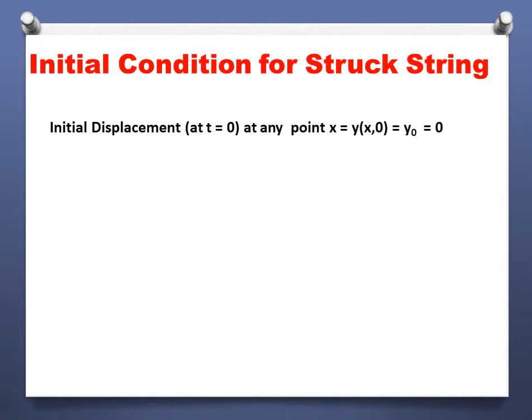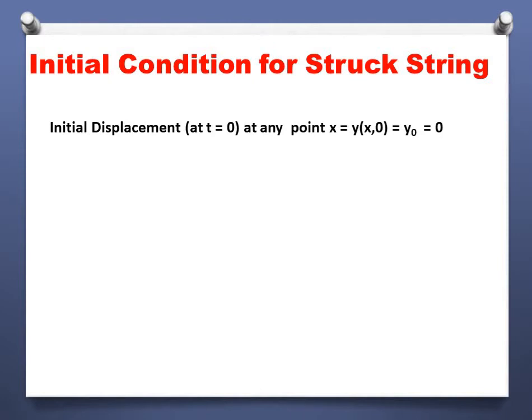In the plucked string we gave some initial displacement, but in the struck string the initial displacement is 0. What we are doing is hitting with the hammer, so we are transferring momentum from the hammer to the string. That means we are trying to create velocity.